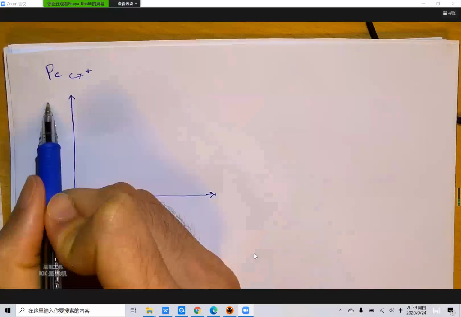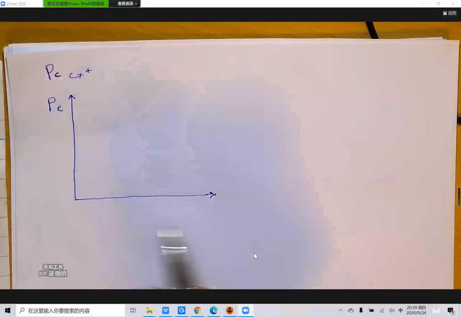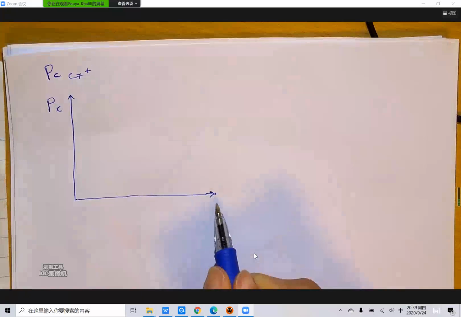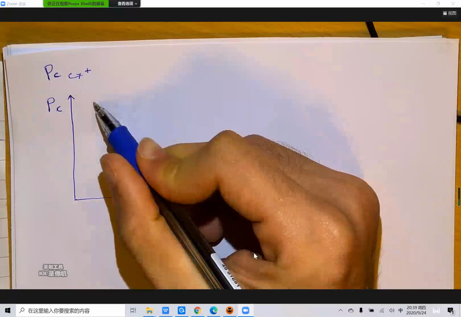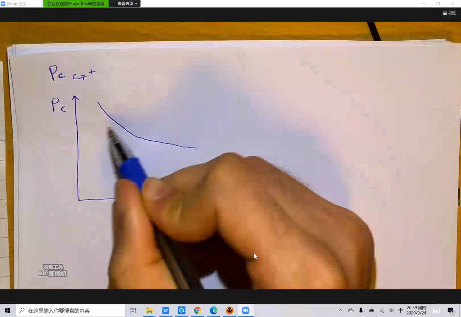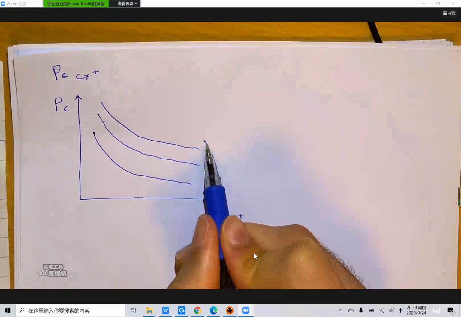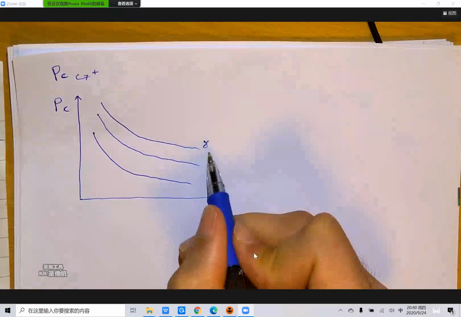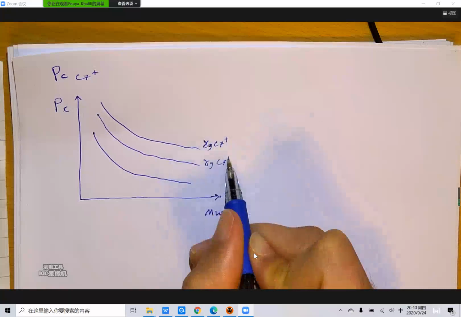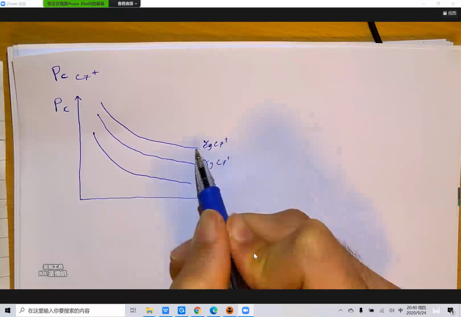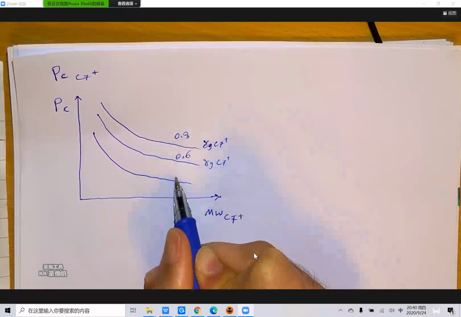In this text is the critical pressure, and here the molecular weight of C7 plus. Each of these lines is the specific gravity of C7 plus, for example 8, maybe 6, something like that.